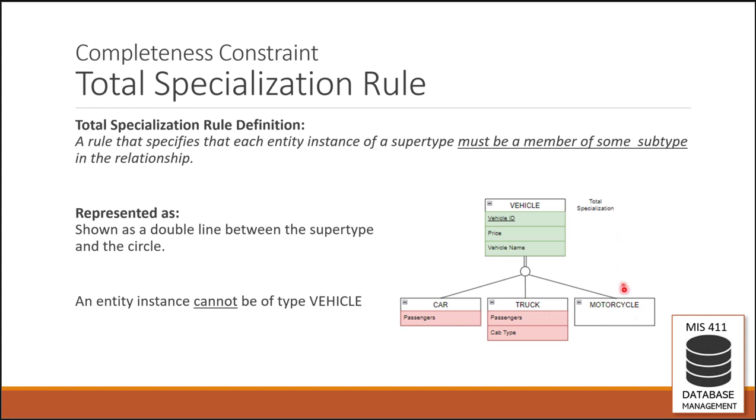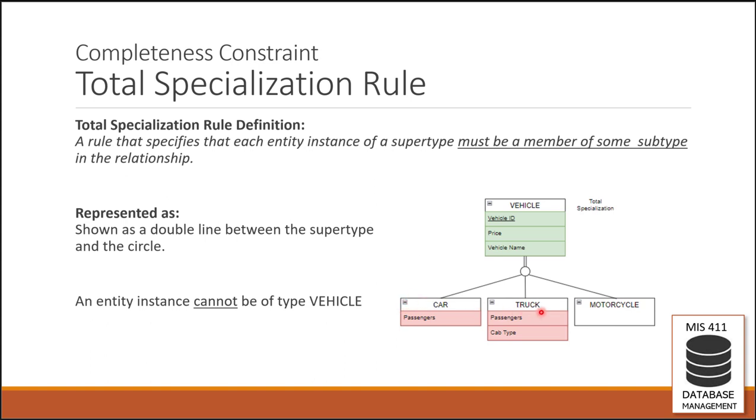That's total specialization, right? You cannot say some things are cars, some things are trucks, and then some other things are vehicles. Total specialization means that every instance you have of an entity, when you define it, must be at least one of the subtypes.